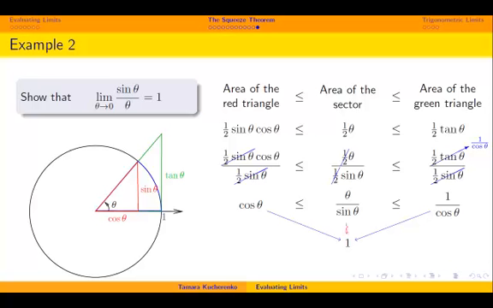We proved that theta over sine theta approaches 1 at 0, which is a useful fact by itself. To compute the limit of sine theta over theta, we notice that sine theta over theta equals 1 divided by theta over sine theta.